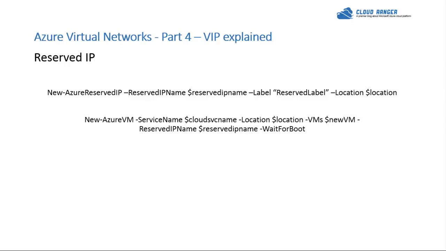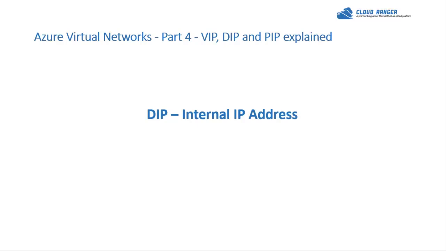And next, we are going to move into DIP, or the internal IP address. And this is a little bit easier than the VIP because DIP is the IP address which we all are aware of. It's nothing but the internal IP address your virtual machine gets. So this one is not that bad of a deal because we have looked into this many times before on premise.